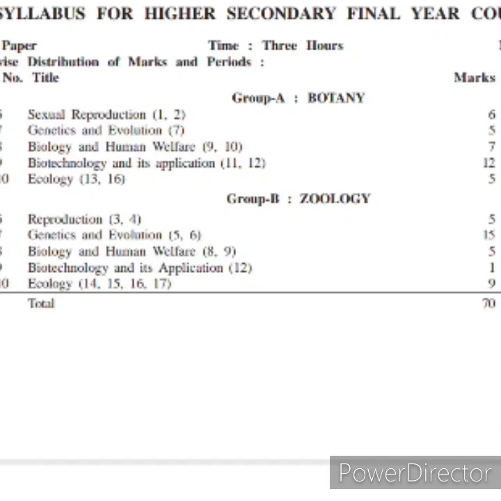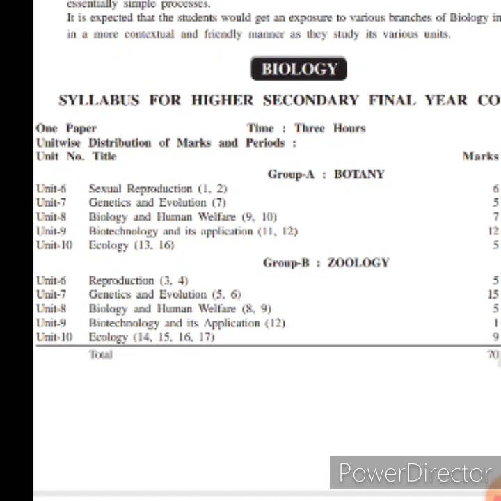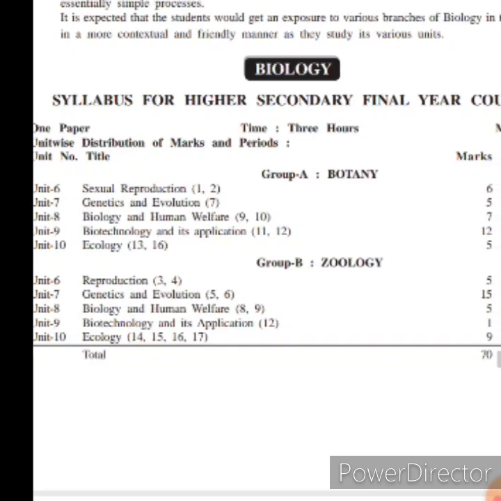The molecular inheritance chapter is also here. It is somewhat complicated for you, as you have just been introduced to the biology subject in class 12. You are just entering the complexity of biology from class 12.